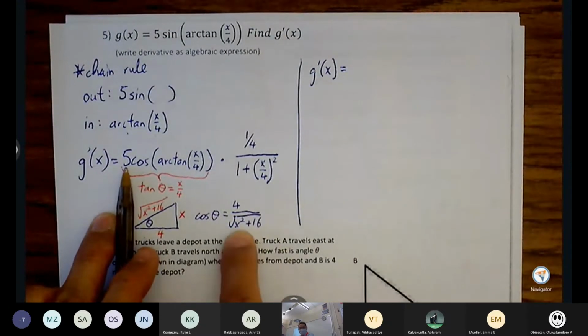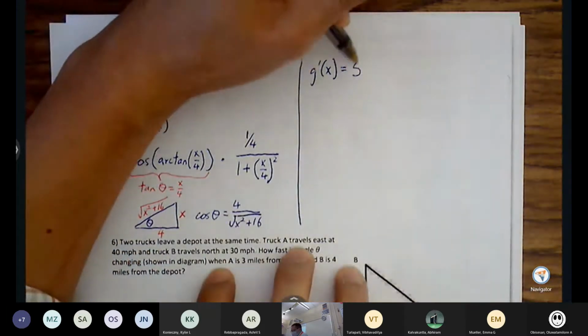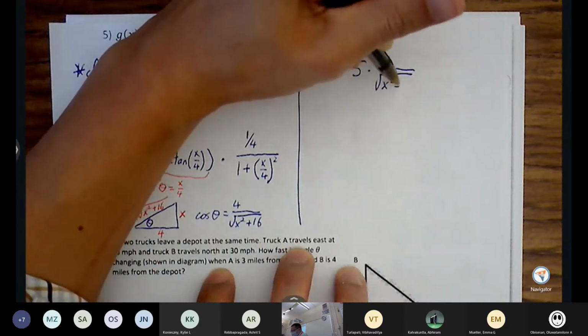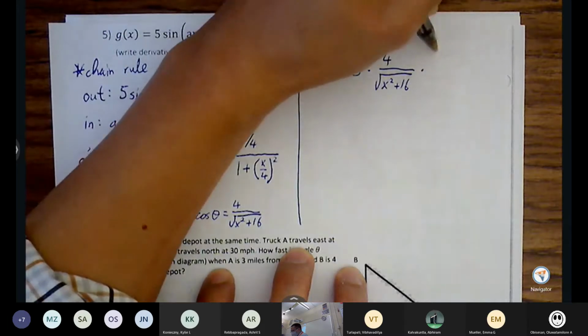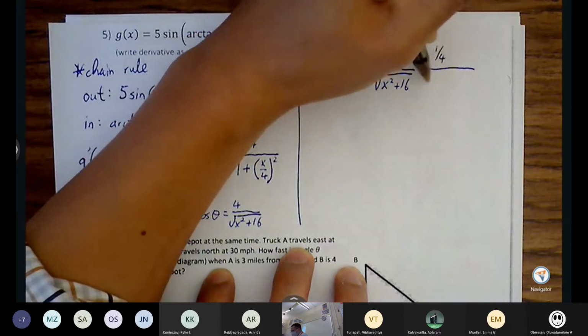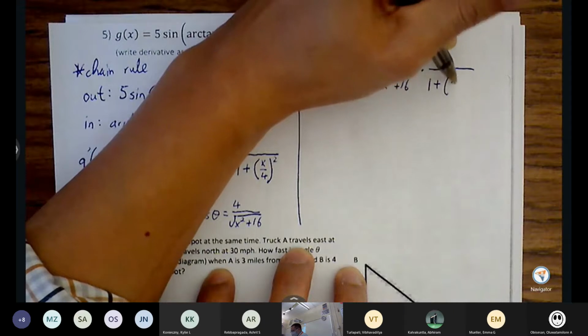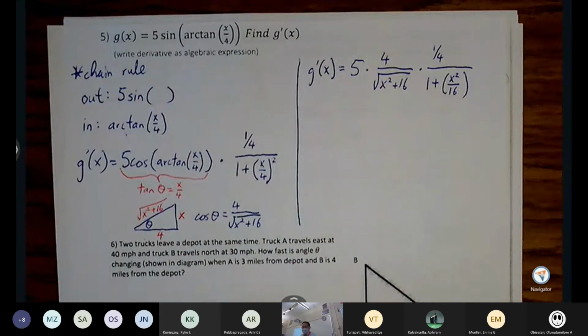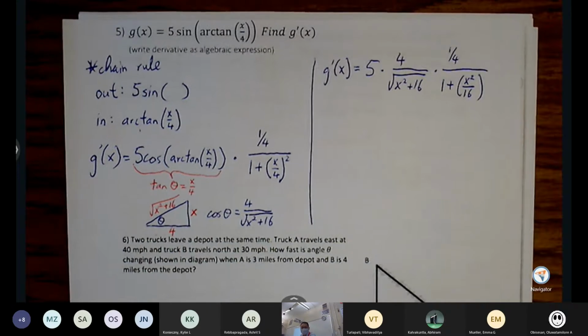We got the fractional value and the complex fraction. Okay, questions with 5?